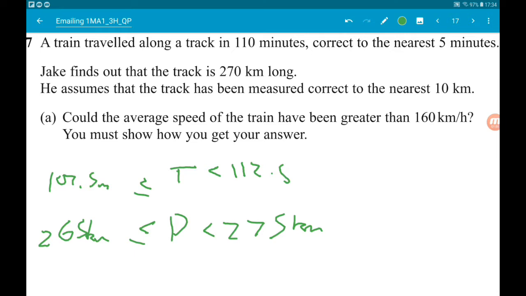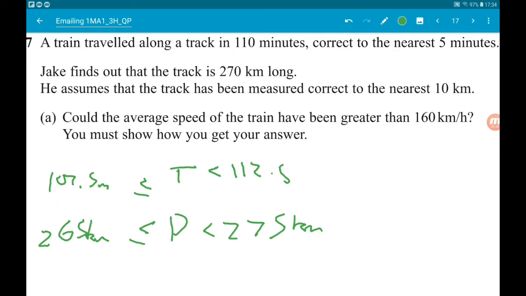Okay. We were asked, could the average speed of the train have been greater than 160 kilometers per hour. You must show how you get your answer.